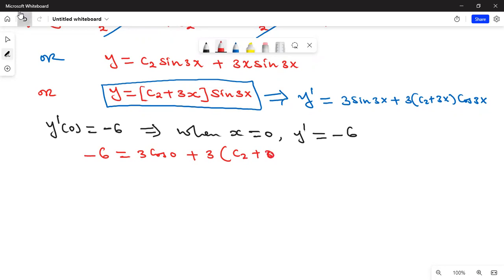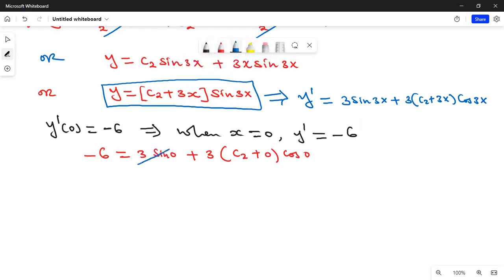Let me write in a better way. X is 0, so 3 times x, that is 0. Then here we have cos 0. Remember here it was sine. Don't make those very little mistakes. So this is sine of 0. Where we have sine of 0, the result is 0.